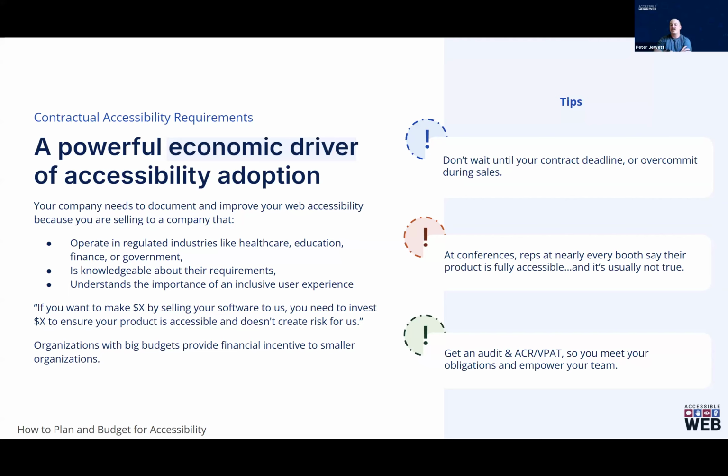So we see these situations all the time where, especially with software companies, they are trying to sell into a larger organization. And usually we see this in industries like healthcare, banking and finance, government, education in this case. And a smaller company is trying to do business with a larger company.